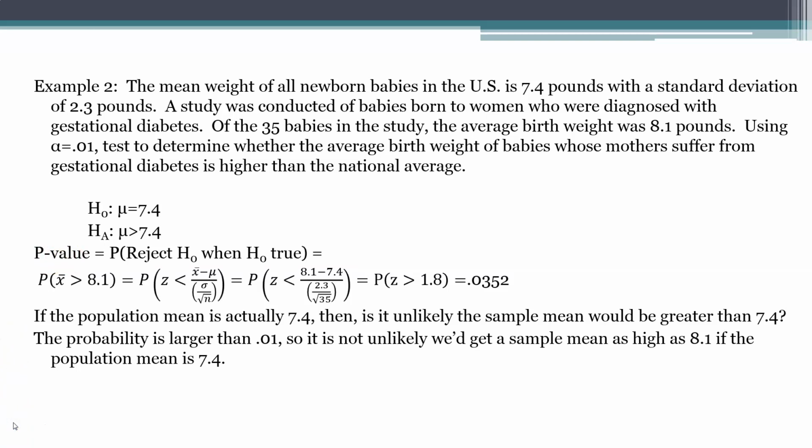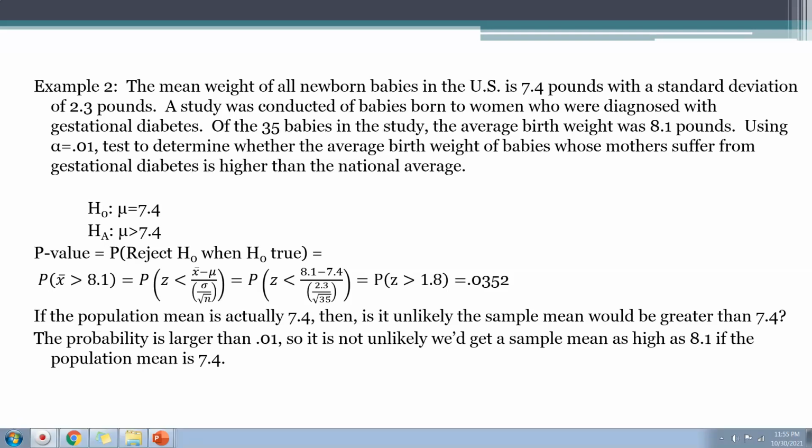The third thing I said I would explain is why two of these tests are called one-tailed and the other one is two-tailed. If you look at this problem here, when we find that probability, it's probability z greater than. That's because we're only going to end up rejecting H0 if our data shows a mean above 7.4. So if you were to draw this in StatCrunch and look at it on the normal distribution, this probability is only going to be in one tail.